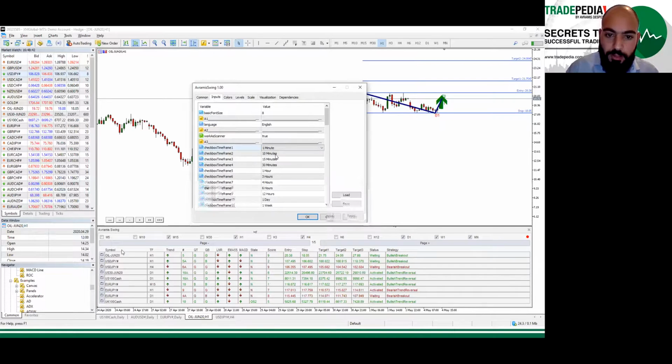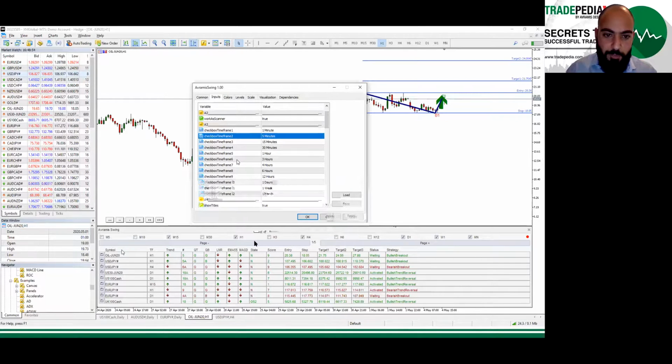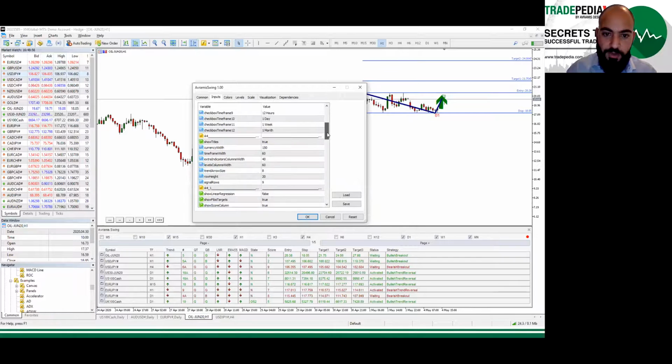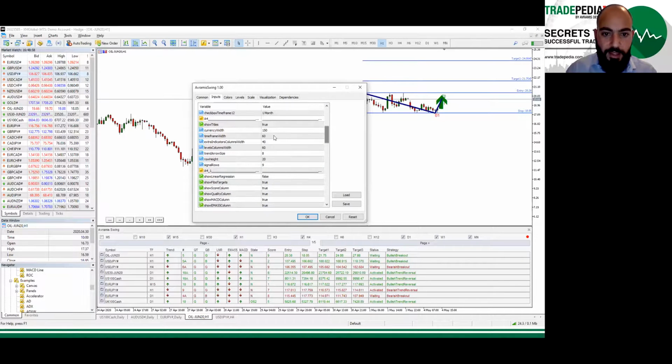I also want the 5 minutes instead of the 10 minutes. You choose whatever time frames you want to see here. And then from the checkbox time frames, you keep going down, and then here you can change the width and the size of the panel of each column and each row.